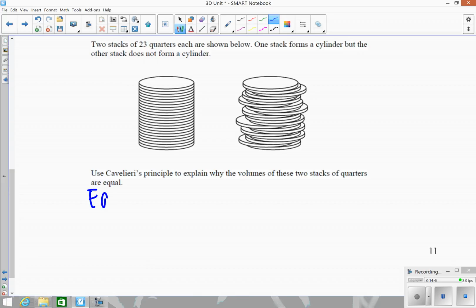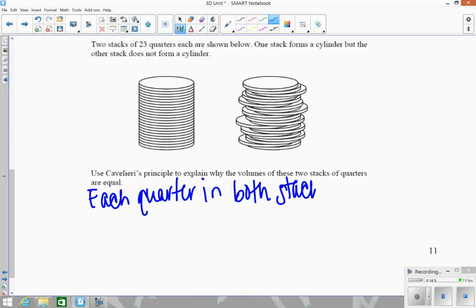So each quarter in both stacks has the same base area.